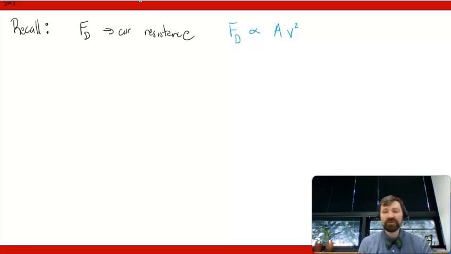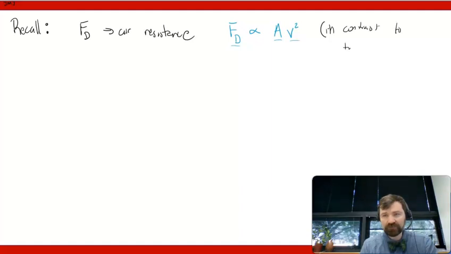I'm not writing the whole equation out because it doesn't especially concern us. The main point is that the drag is proportional to the speed squared, and it's also proportional to somehow the area of the object. This is in contrast to today's law, or today's drag force.